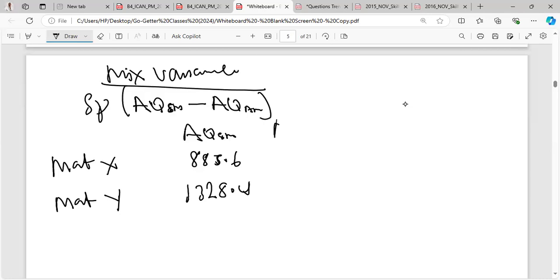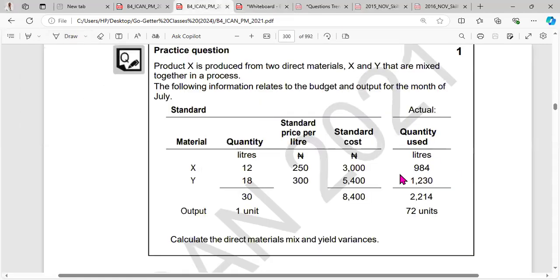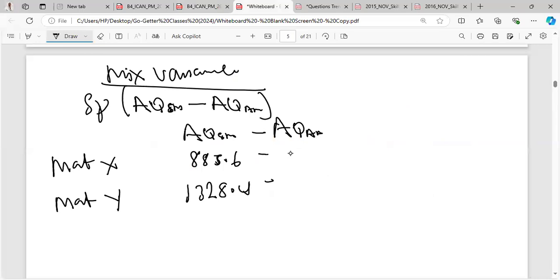Then actual quantity actual mix. So this is minus. The actual quantity actual mix here is 984 and 1230.